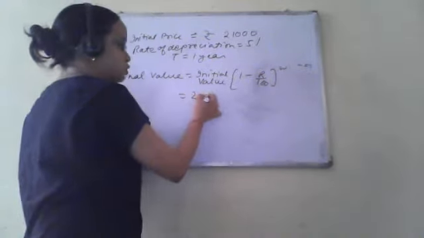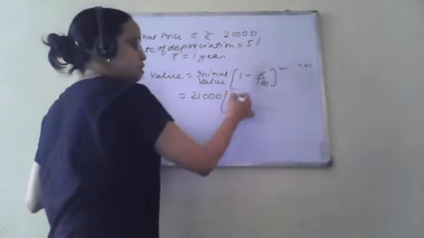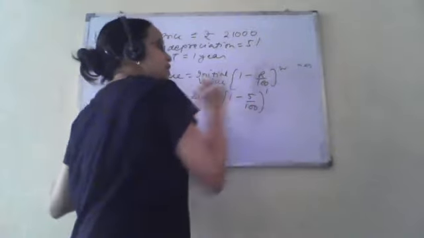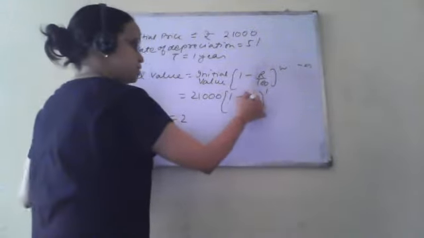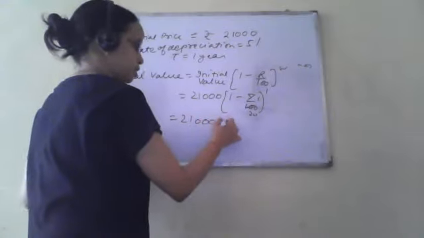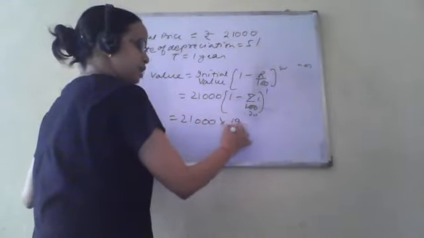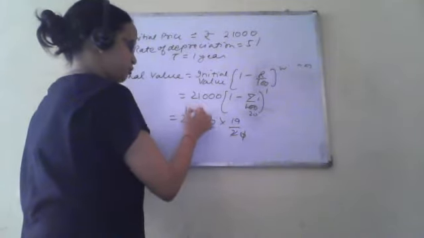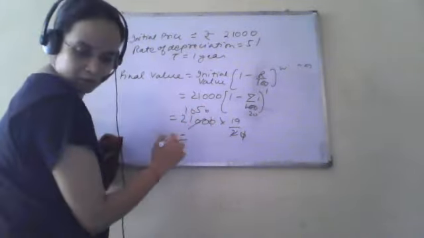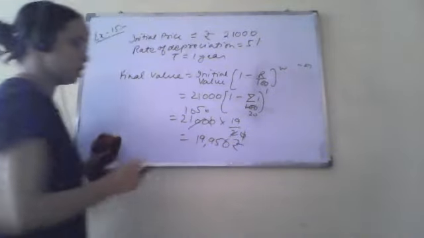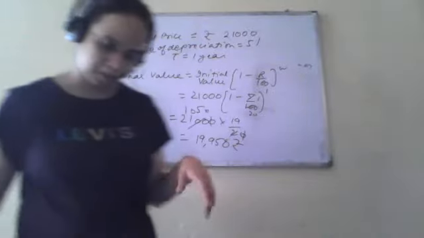Initial value was 21,000, rate is 5% and n value is 1. So it is 1 minus 1 upon 20, which is 19 upon 20, into 21,000, and the value comes out to be 19,950. So the value is the same as we have calculated stepwise. Okay.